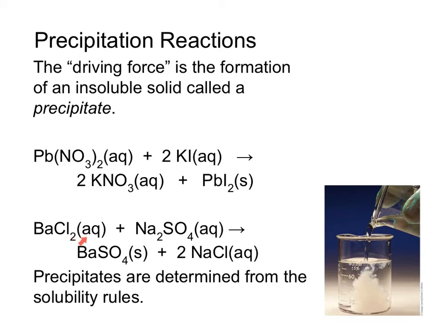Barium chloride, soluble in water. Sodium sulfate, soluble in water. They will react together to form barium sulfate, which is not soluble, as well as sodium chloride, which is soluble. And again, we will determine these precipitates and precipitate formation by using our solubility rules.